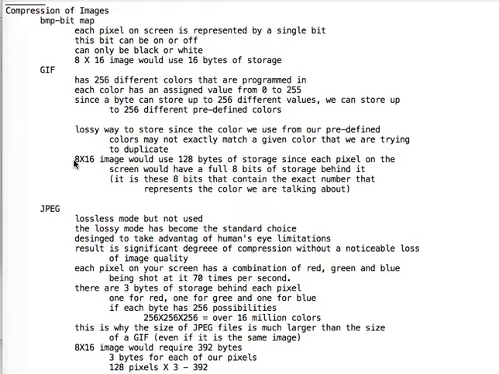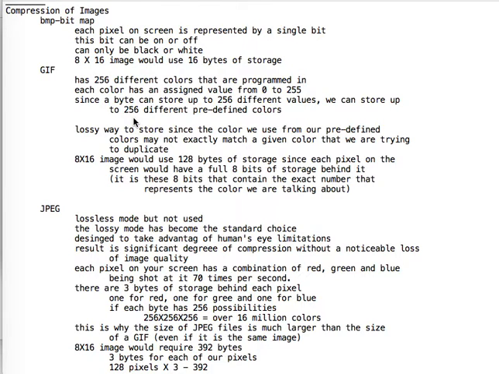Well, each pixel in an 8 by 16, that's 128 different pixels, needs 1 full byte behind it. 1 byte, 8 bits behind it, so that we can actually reference one of those 256 different predefined colors. So a GIF does have colors, but the only colors it has are the 256 predefined colors that can be represented.